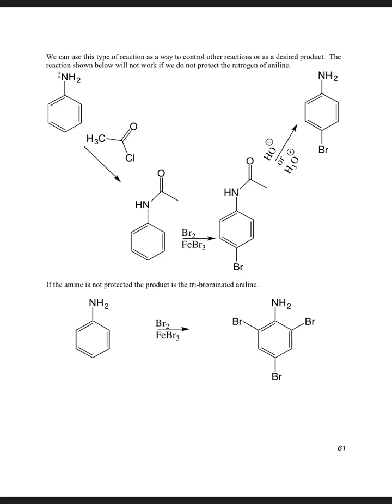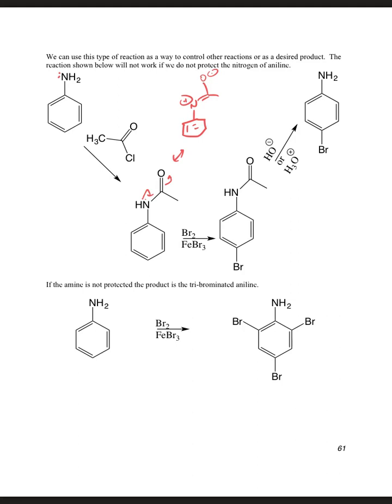But if we add the acid chloride to that and make acetanilide, then we can also think about the resonance structure where we send the electrons on the nitrogen away from the aromatic ring. So it cuts down on the amount of electron richness that the amine gives to the aromatic ring.